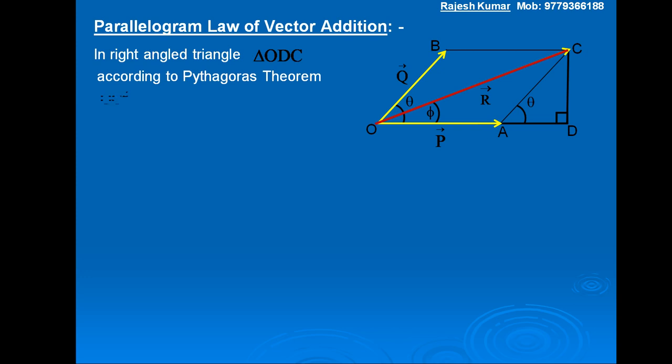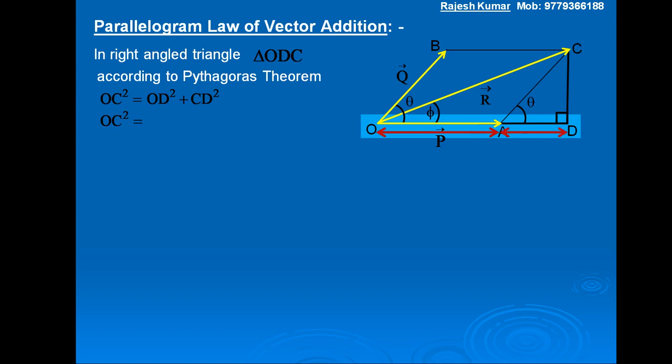OC is hypotenuse, so OC square, that is square of hypotenuse, is equal to OD square, base square, plus CD square, height square. This is the Pythagoras theorem. Now OD is equal to OA plus AD. So put its value, it becomes OA plus AD whole square plus CD square.